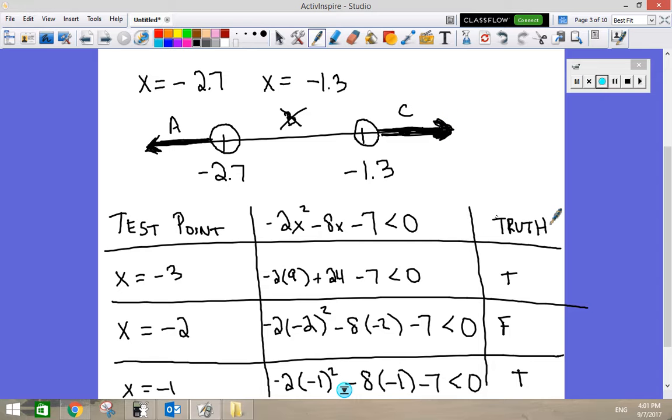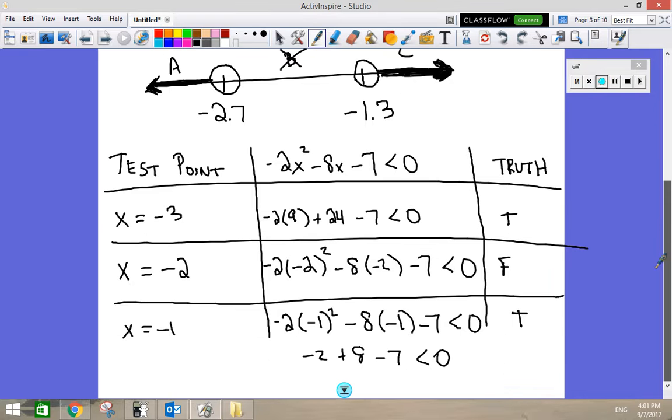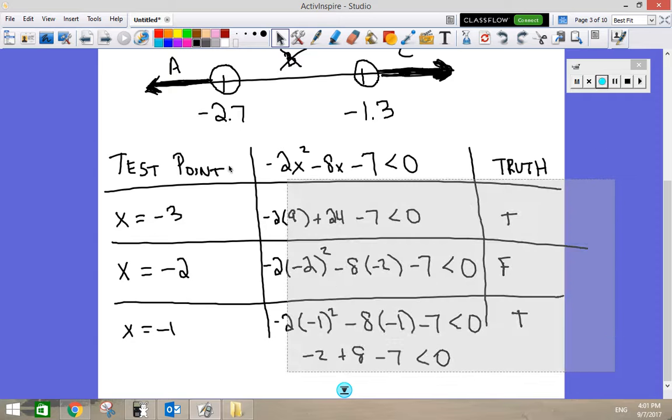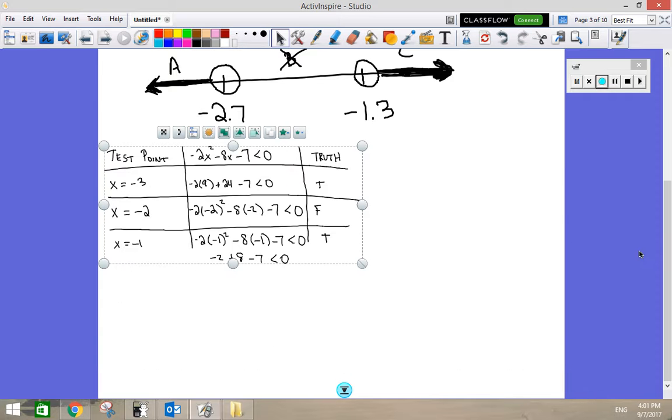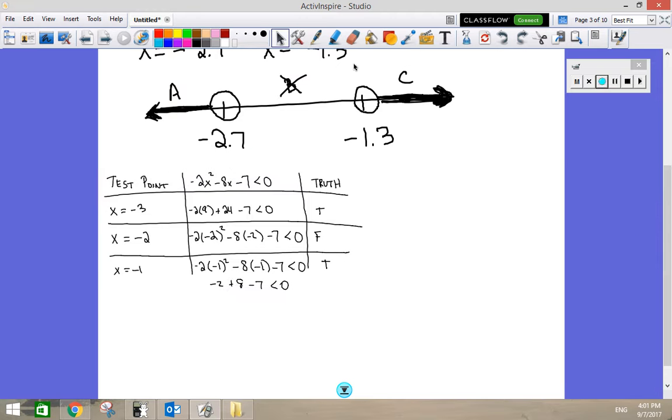So now we have a picture of our solution set, and they simply want us to write our final answer in interval notation. Remember, it's just an approximation because we used a calculator to get a decimal number, but that's okay.